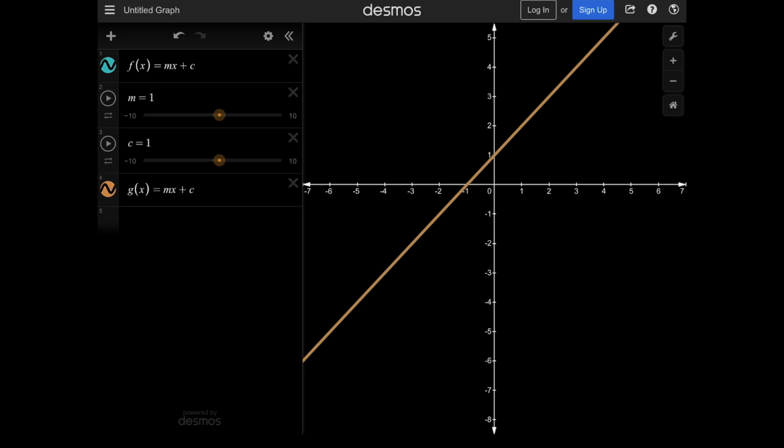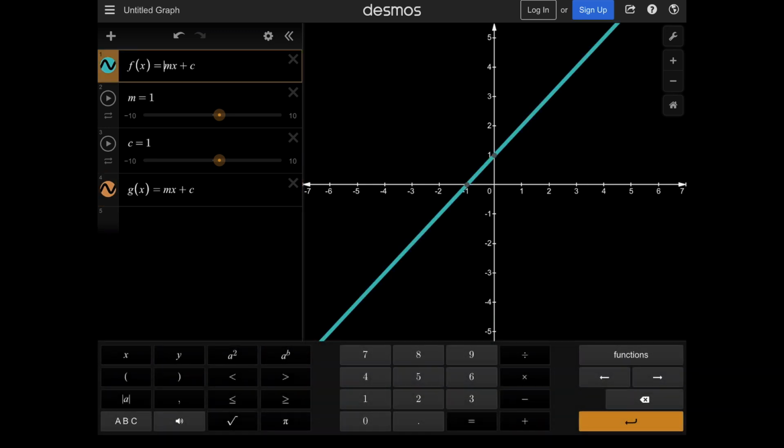And the way I do that, simply apply a negative to the entire function, so the mx and the c. We just multiply that whole thing by a negative, and notice now how this blue line is a reflection of the orange line in the x-axis.